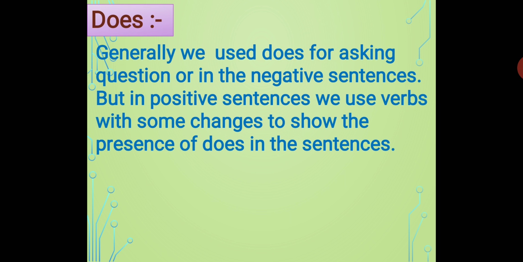Same way here, does is not written directly in the sentence, but to show the presence of does, we change the main verb with s, es and ies, as we learnt in our lesson number 12.